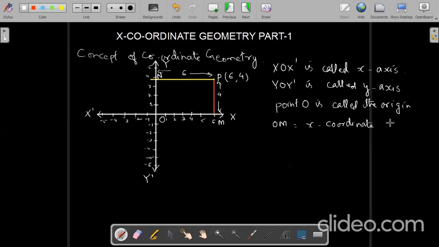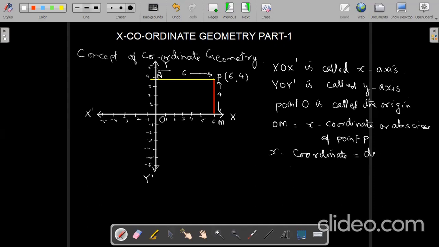It is also called the abscissa of the point P. The x-coordinate or abscissa is the distance from the y-axis.